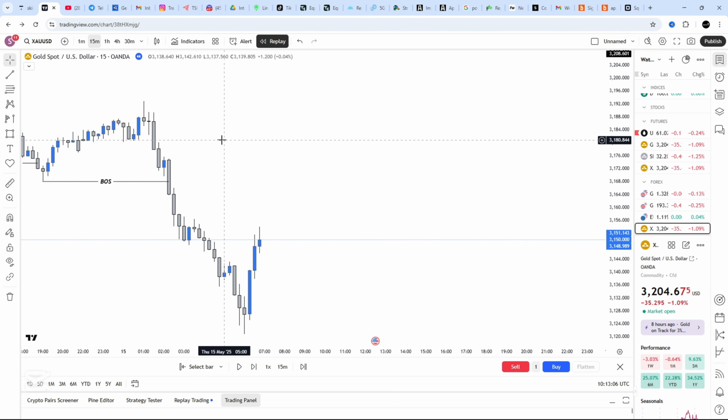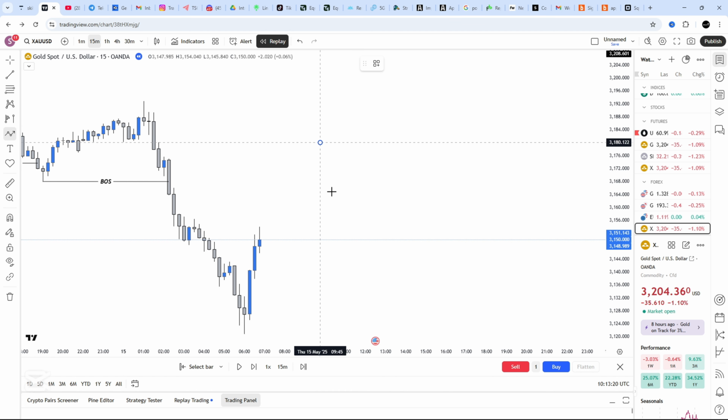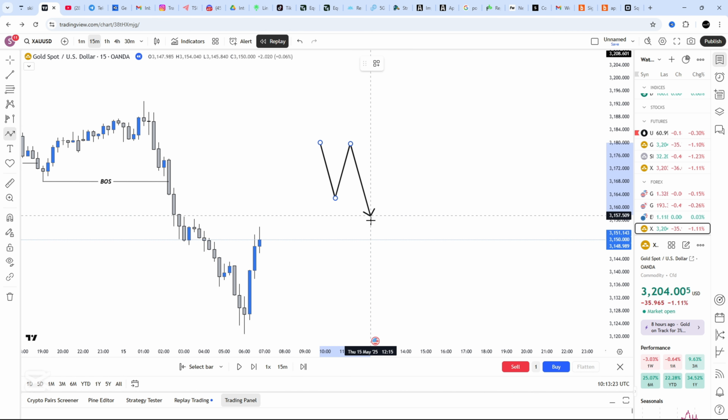First of all, what are reversals? Reversals are zones where we take trades when the market is changing direction. Let's say the market has been in a downtrend all the time, dropping and breaking lower lows.